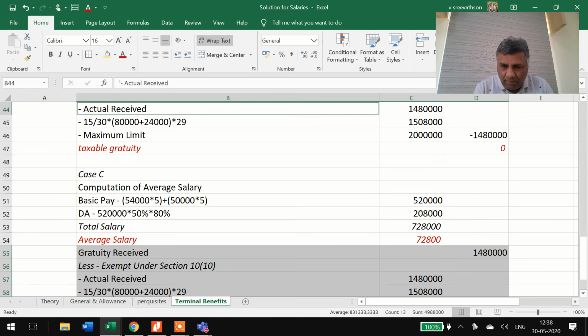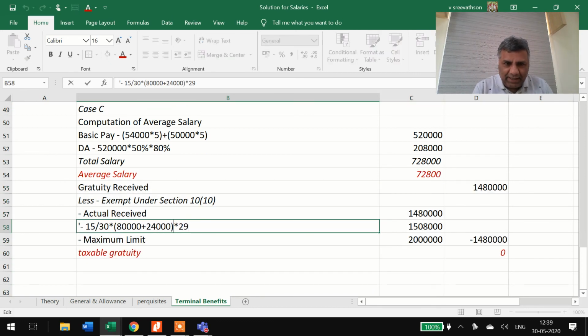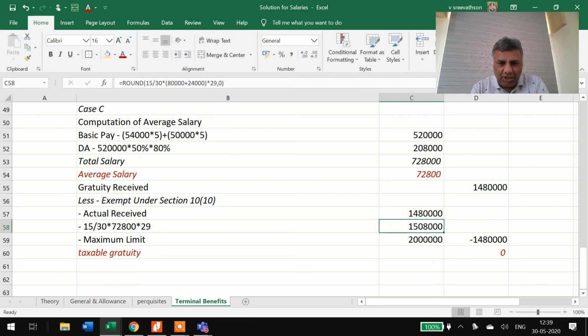So now if I go for exemption, the second condition will become 72,800 into 72,800.